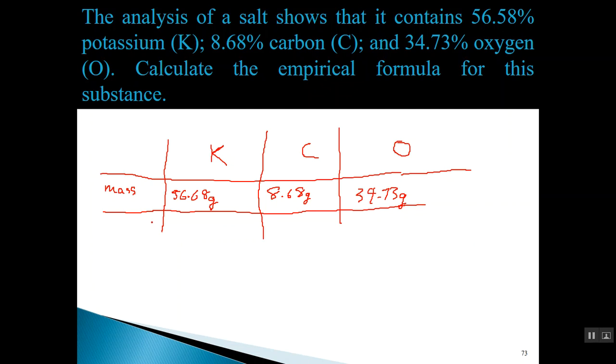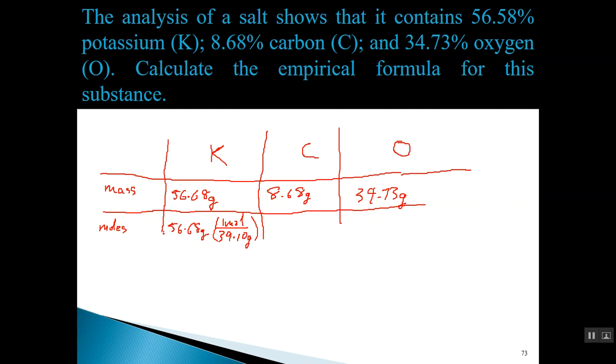And then the next step, if you remember the process I outlined in the previous video, is to determine the moles of each. So we have to go to the periodic table and look up the molar mass of each element, starting with potassium: 56.58 grams multiplied by 1 mole over the numerical value for the molar mass, which for potassium, when I consult the periodic table, is 39.10 grams.